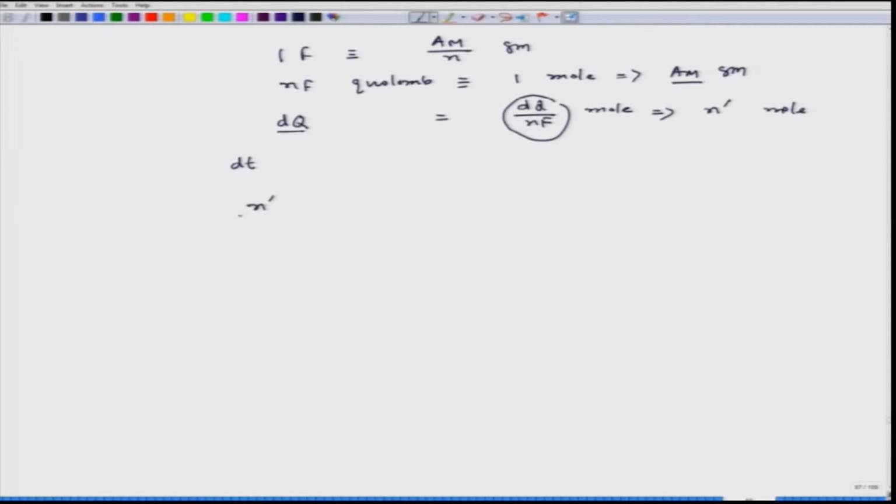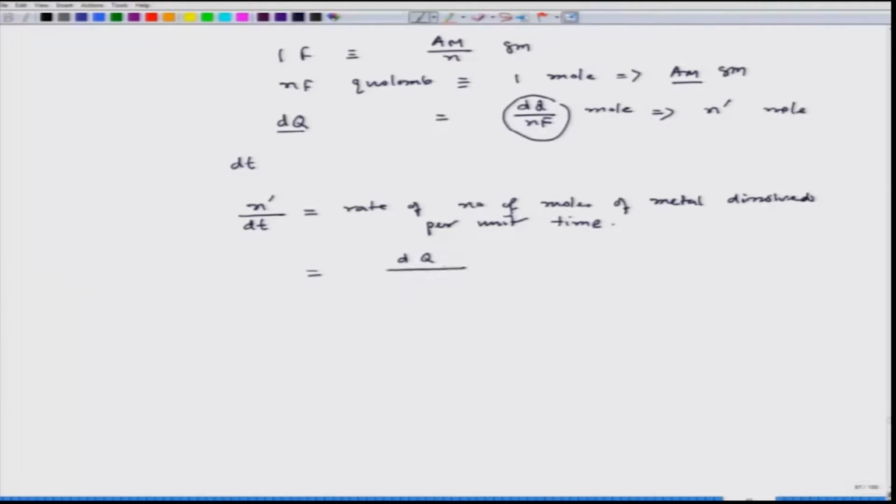So, N prime divided by t is nothing but the rate of number of moles of metal dissolved per unit time, which is same as N prime by dt, because N prime is nothing but dq by nF.